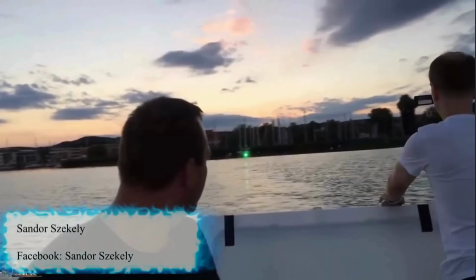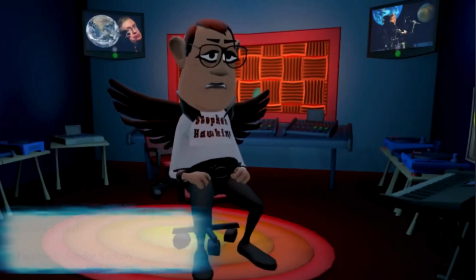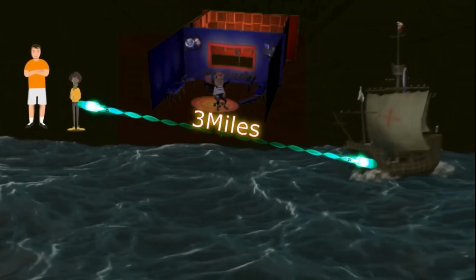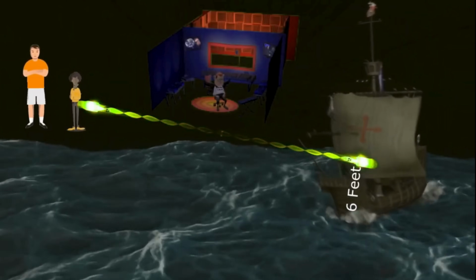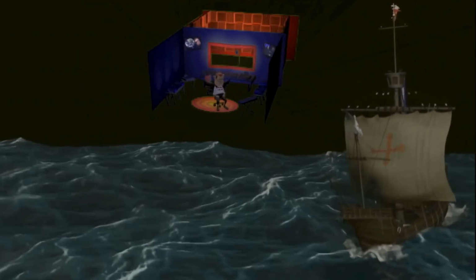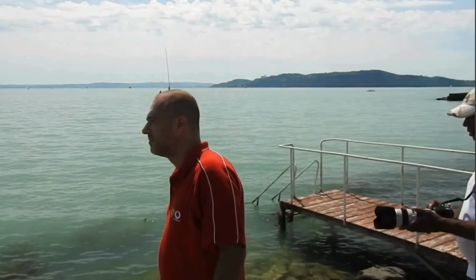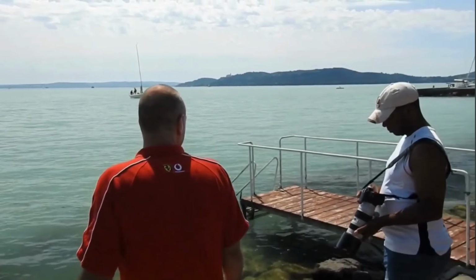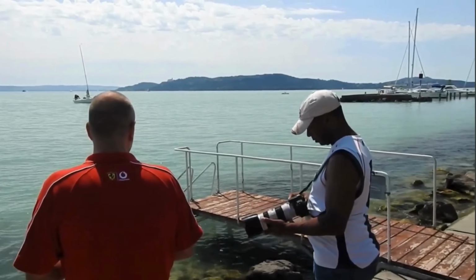Zach and I decided to recreate an experiment similar to Stephen Hawking's experiment to prove that the surface of the water actually curves according to the curvature of the Earth. Hawking's target was 3 miles away, and it seemed to match the curvature of the WGS-84 geoid model. But his results looked strange to me because I could see the shore on the other side of Lake Balaton, which is a lot further away than his distance of 3 miles.